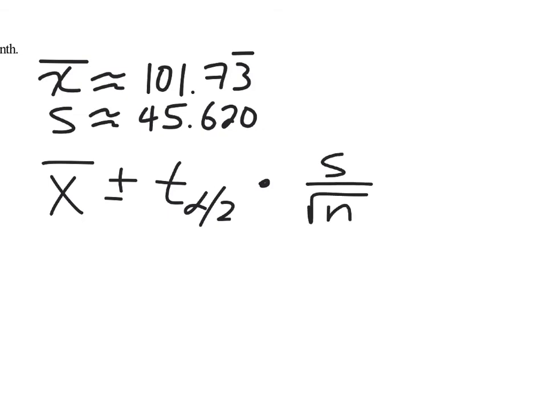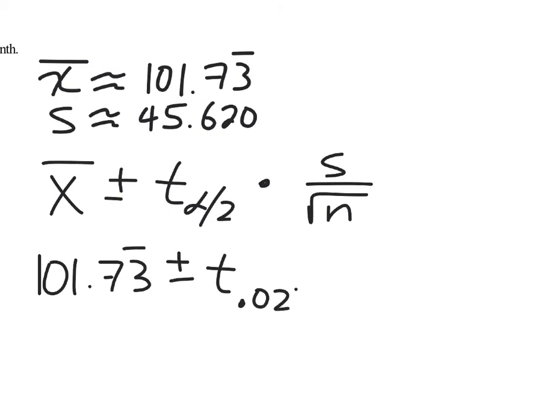So we have our 101.73-ish plus or minus t sub 0.025, I believe it was 95% confidence, times 45.62-ish over the square root of 15.